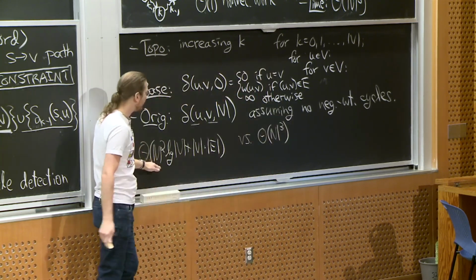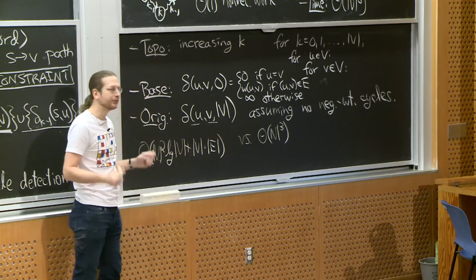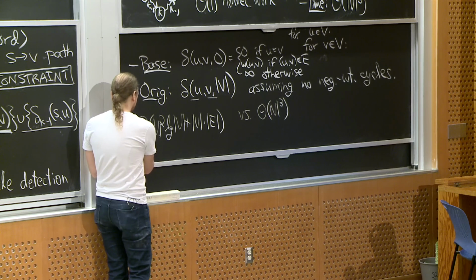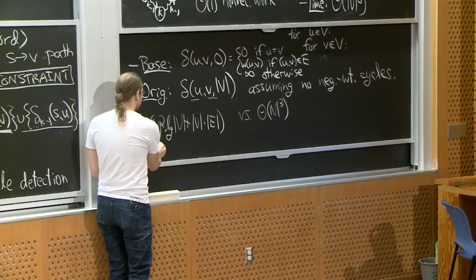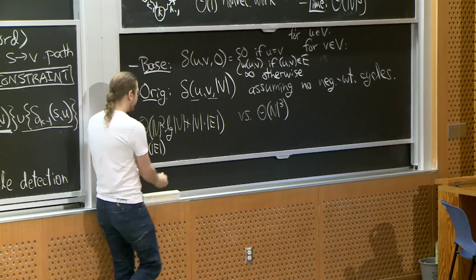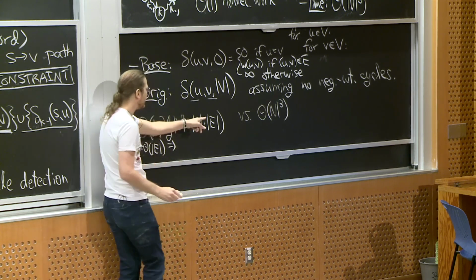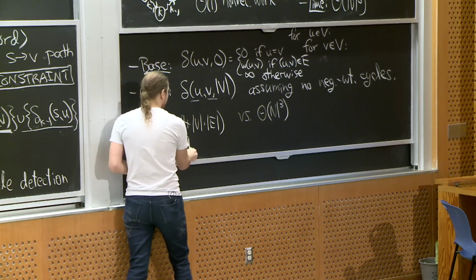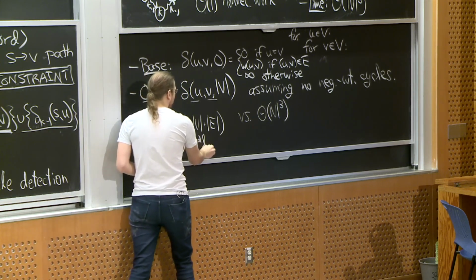So how these compare depends on how V and E relate. On the one hand, maybe V is theta of E. That's what I would call a very sparse graph. It's quite common. Then the running time we get here is V squared log V. Okay, roughly V squared.